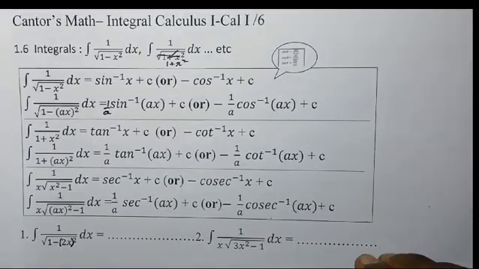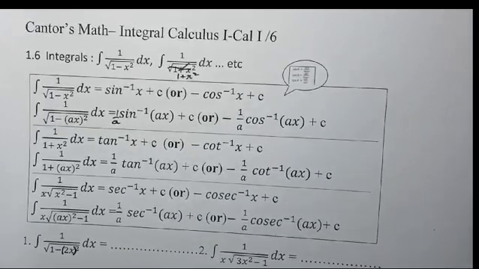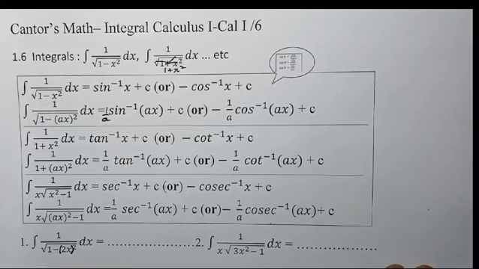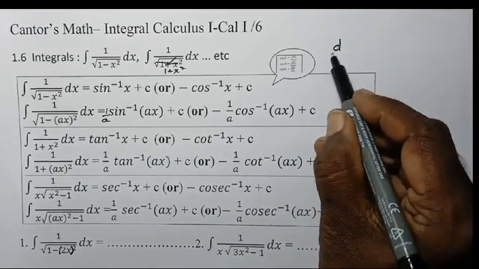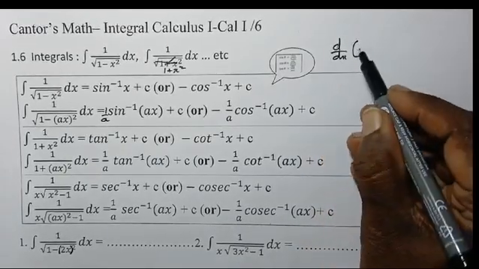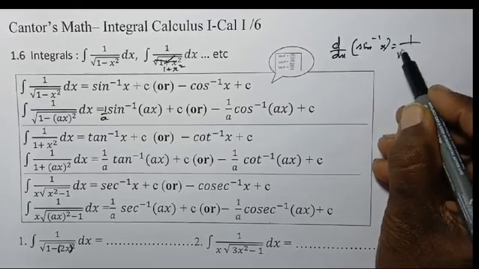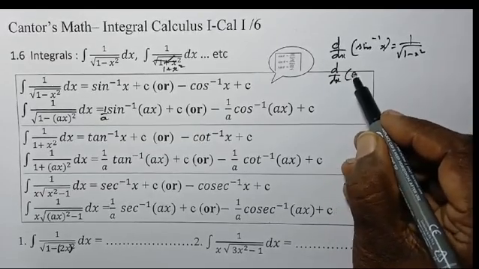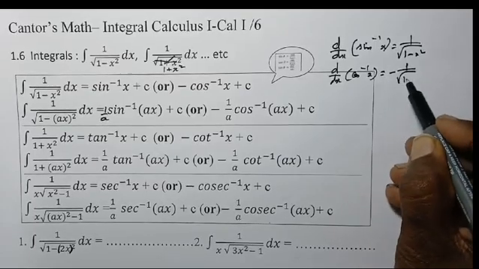Integral Calculus Part 1, 1.6: Integrals of the form integral 1 by root of 1 minus x squared dx and integral 1 by 1 plus x squared dx, etc. Here we know that d by dx of sin inverse x equals 1 by root of 1 minus x squared, and d by dx of cos inverse x equals the same thing with the minus sign.